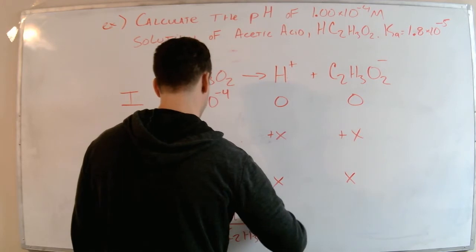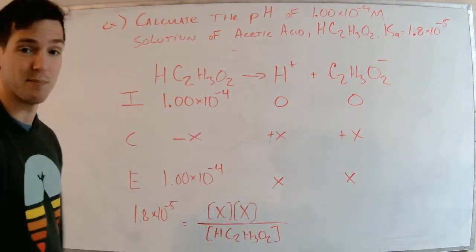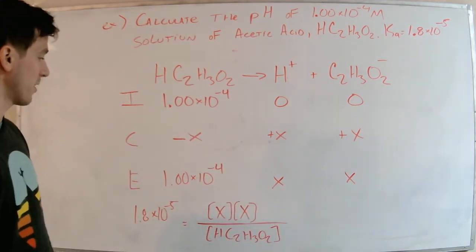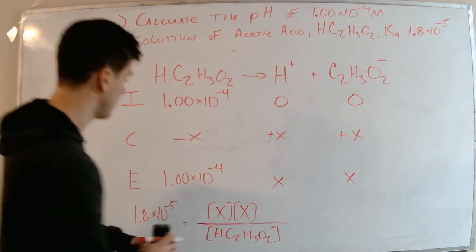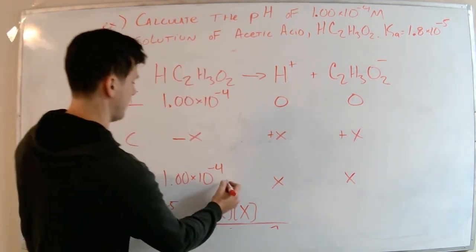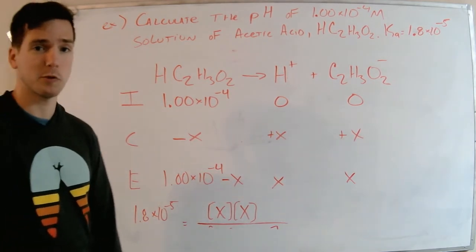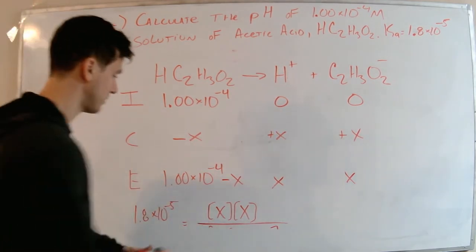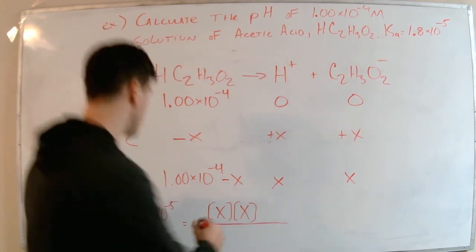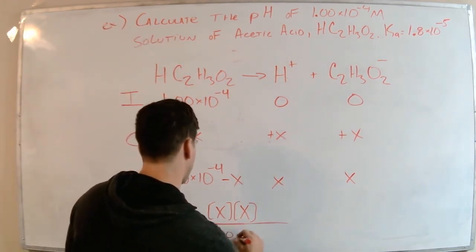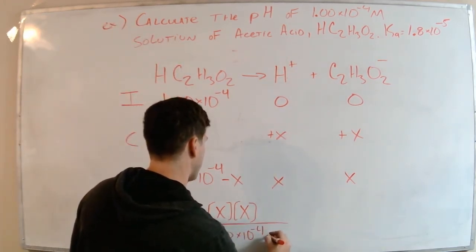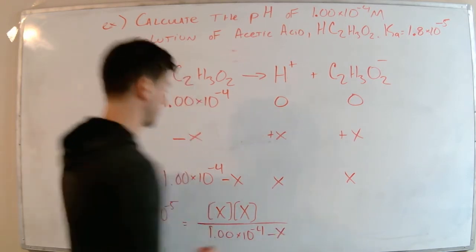I know we can make them X squared, but I just like keeping things as they were. And then this guy is going to be, sorry, I forgot my minus X here. You guys have probably been screaming at the computer this whole time. You forgot your minus X. Well, good on you. All right, this is going to be 1.00 times 10 to the minus fourth minus X.